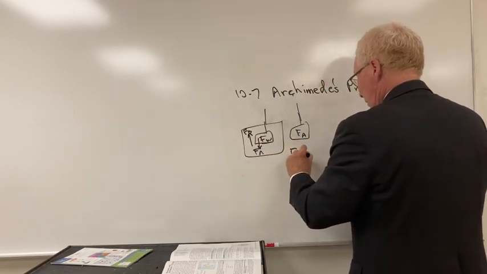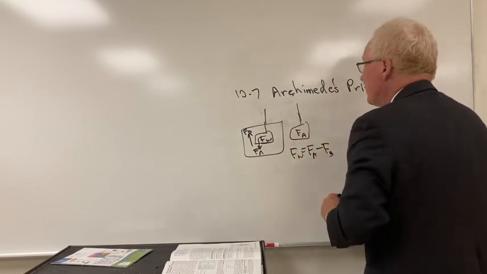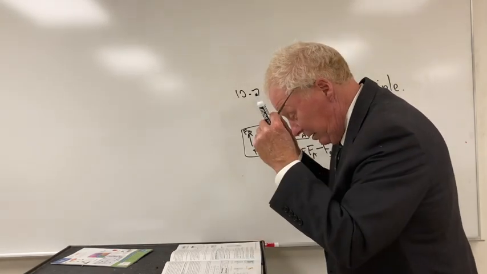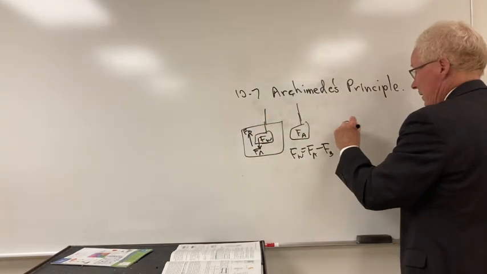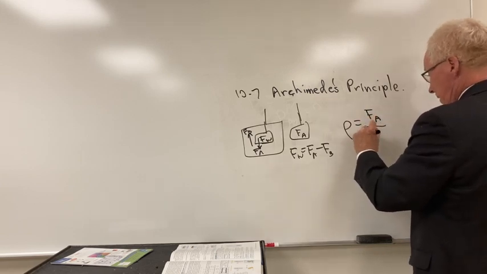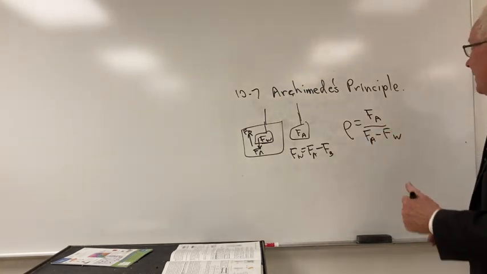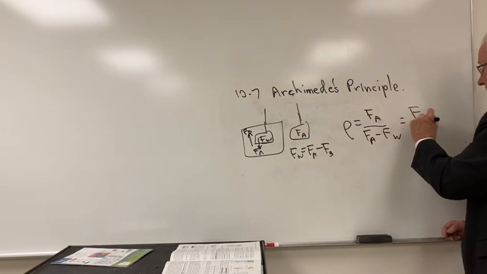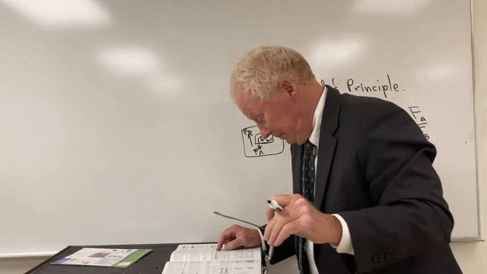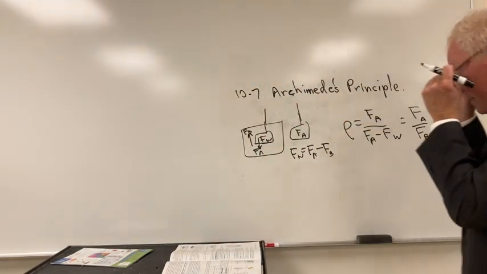So the weight in the water is weight in air minus the buoyant force. And then from there we get the density, which is the weight in air over the weight in air minus the weight in the water, right? It's actually equal to that over the buoyant force, but we can't measure that directly.